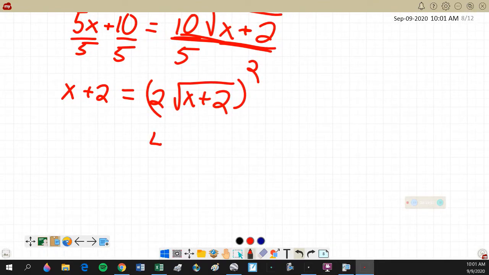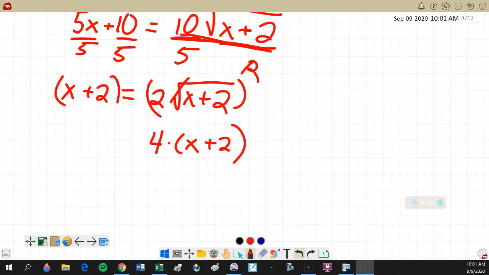That is 4 times, that cancels, x plus 2. Everybody follow that? What happens on the other side? So I get x squared, and then I get 2 copies of 2x plus 4x plus 4.